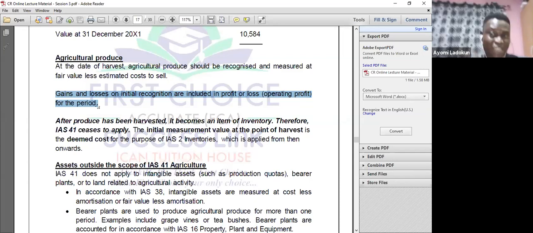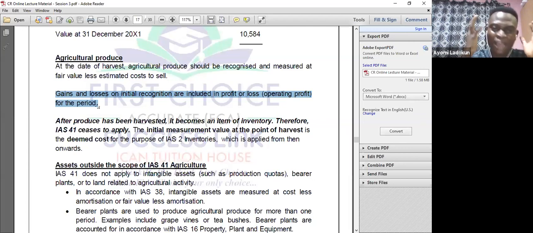Okay, so that's it. Now, let me take it again. When I get to the farm and I want to harvest my maize, my mango, my orange, because they are ripe, before I pluck them, before I harvest them, I need to measure at fair value less estimated cost to sell.